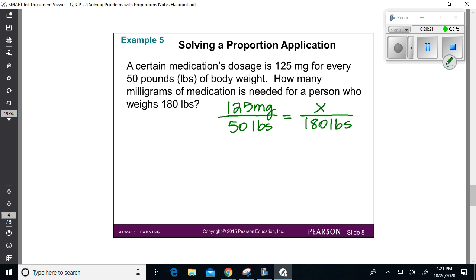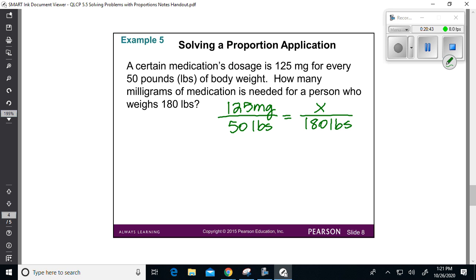Now, will the X always be at the top of the fraction? No. It depends on what's missing. In this case, it just so happens that the top part has been popping off as being missing. But the setup is valid.